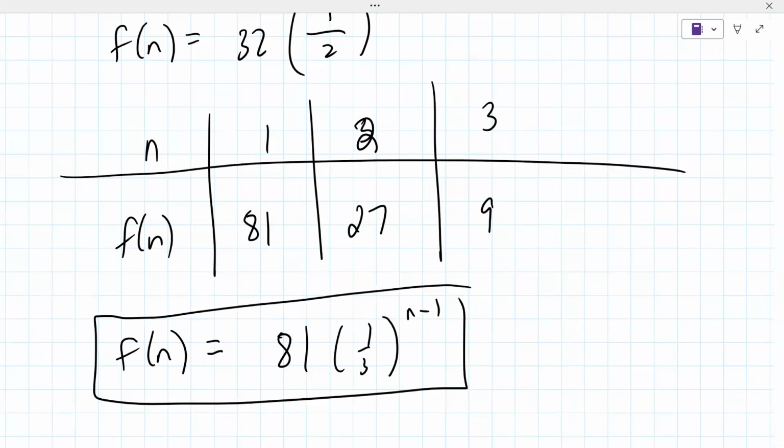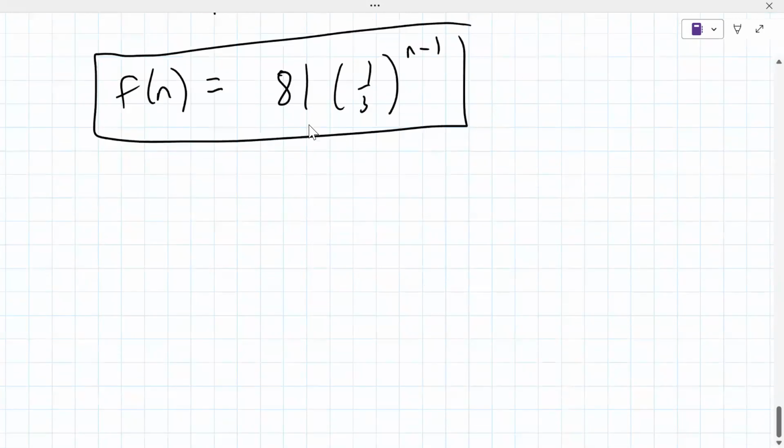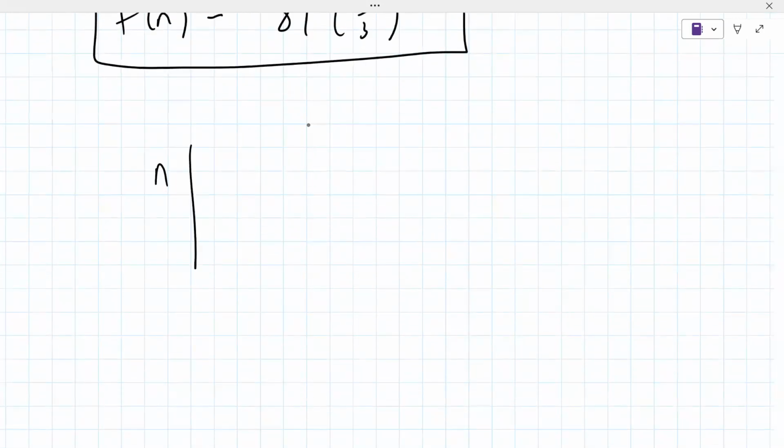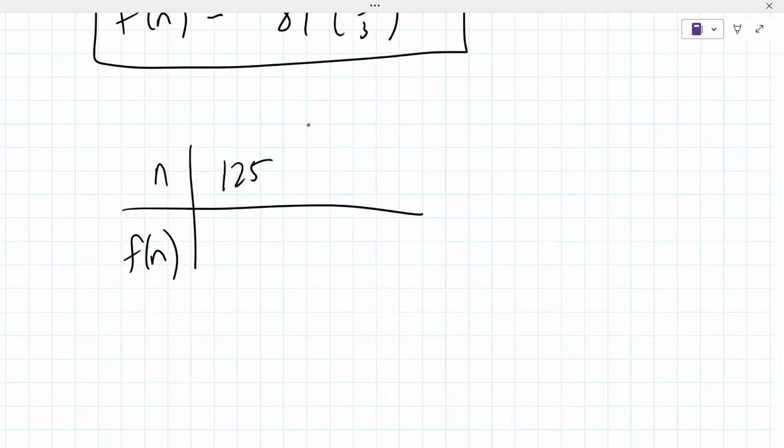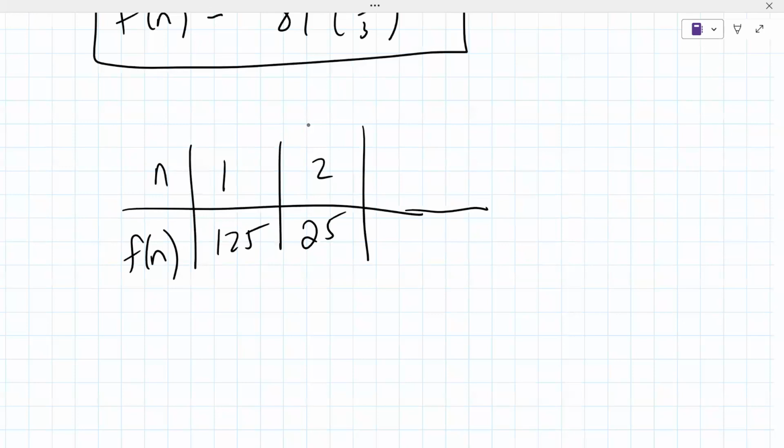Let's try another one. n and f of n: 1 is 125, 2 is 25.